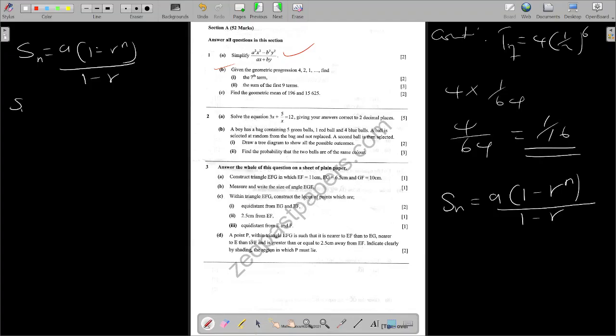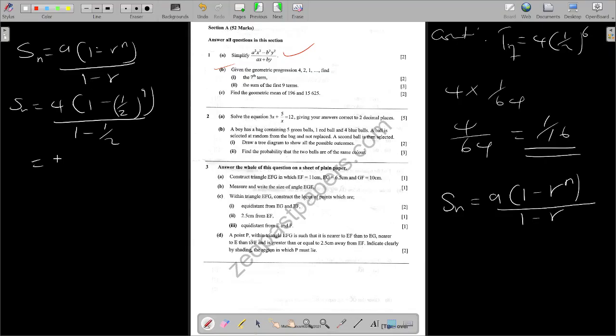So now we have the sum is equal to the first term, 4, and then open bracket 1 minus the common ratio, 1 over 2, to the power of the nth term, 9, close bracket, divided by 1 minus 1 over 2, which is the common ratio.